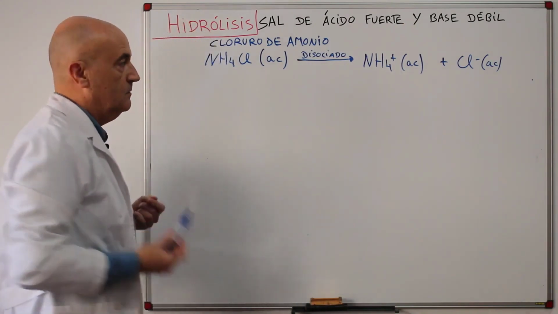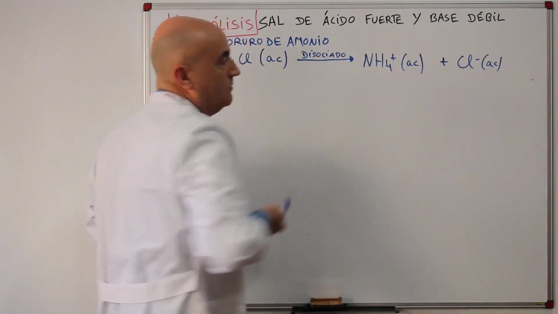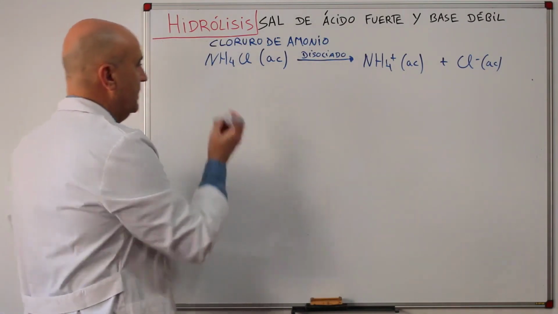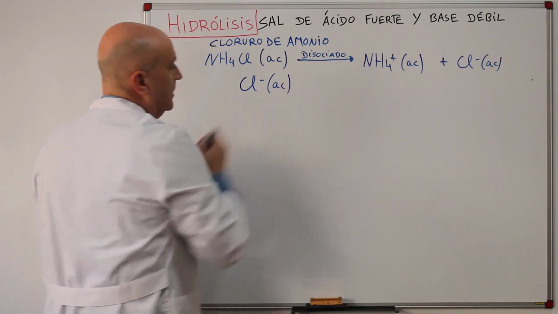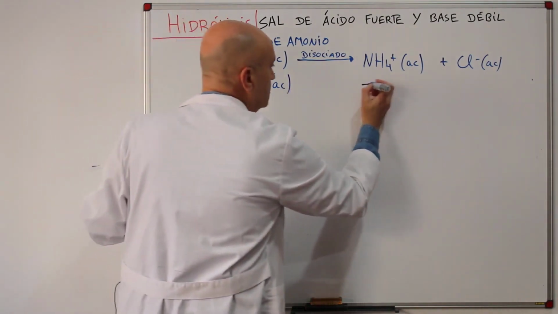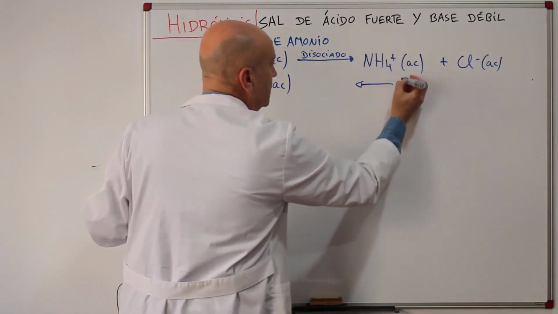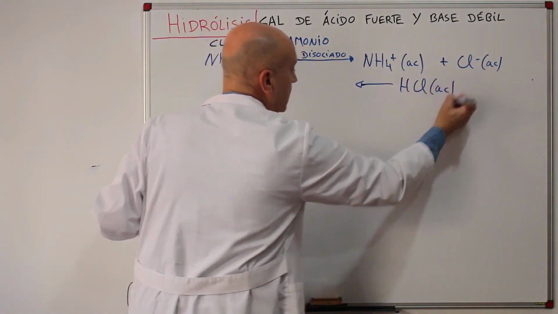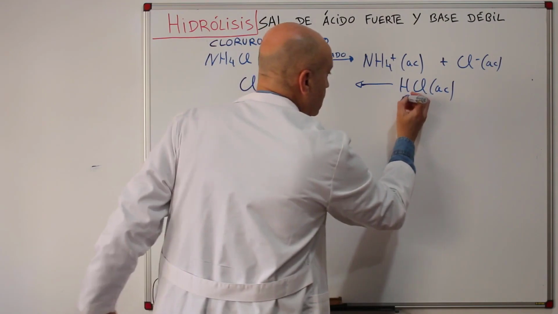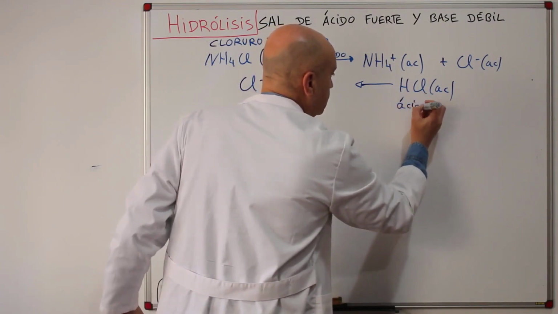Alright, what can we see? We have chloride here. Where does this chloride, Cl-, come from? It comes from the complete dissociation of hydrochloric acid, HCl. This hydrochloric acid is, as you well know, a very strong acid.